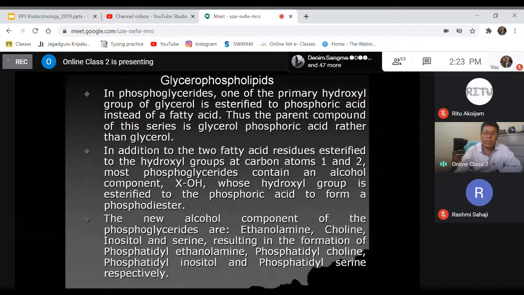If it is choline, then phosphatidyl choline. If it is inositol, phosphatidyl inositol. If it is serine, then it is phosphatidyl serine, respectively. So the different names come based on the alcohol group present.